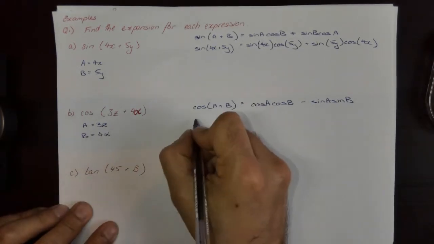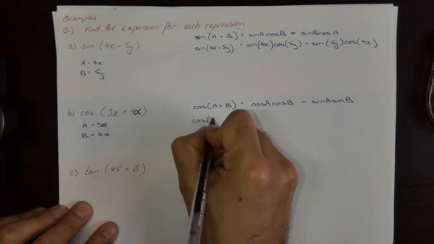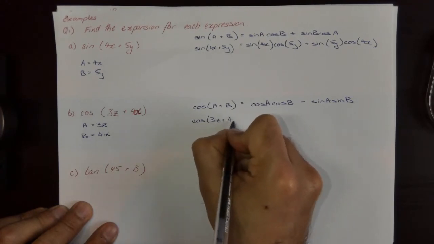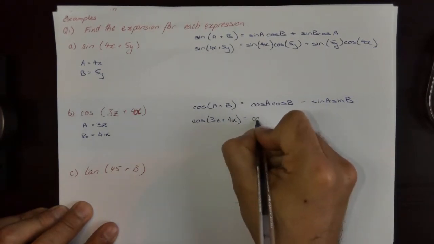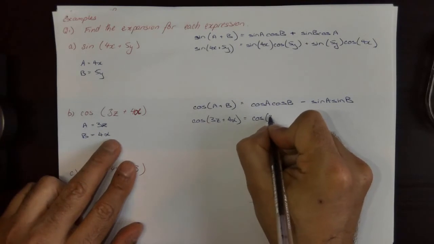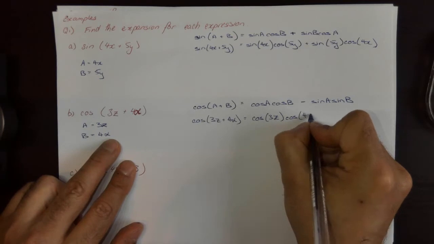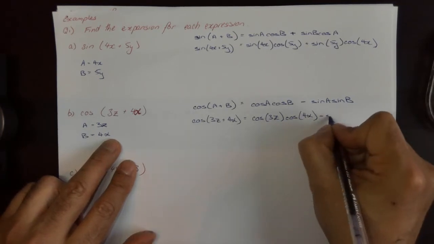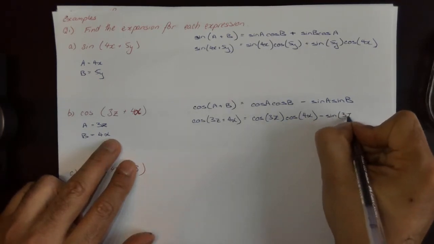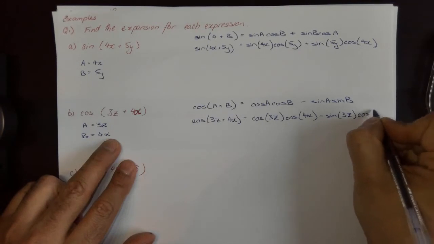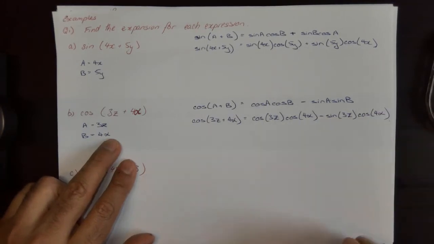So cos of 3z plus 4 alpha is equal to cos 3z cos 4 alpha minus sine 3z sine 4 alpha.